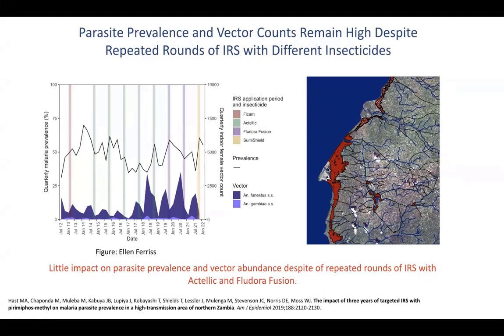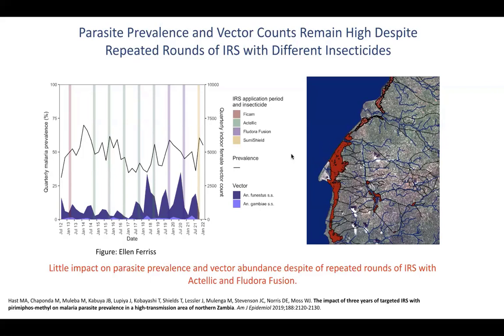What I want you to take away here is that despite repeated rounds of indoor residual spraying, parasite prevalence, as well as malaria incidence, has remained very high. We haven't seen a large impact of the indoor residual spraying.